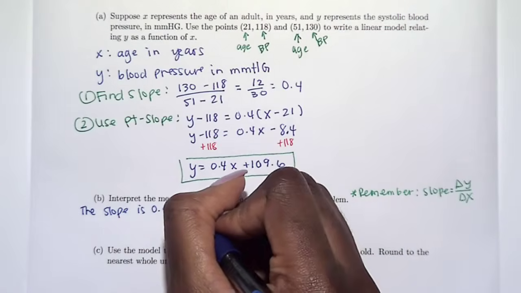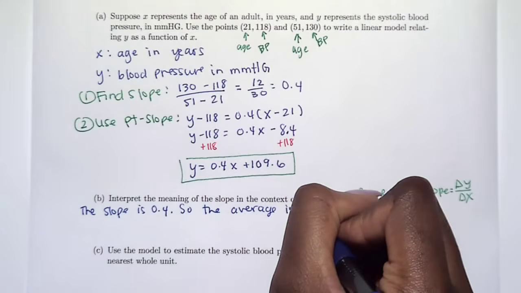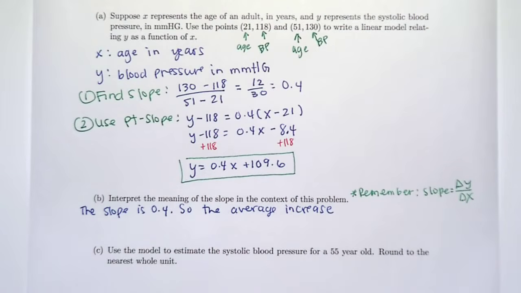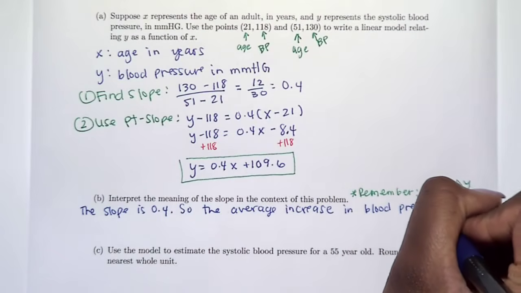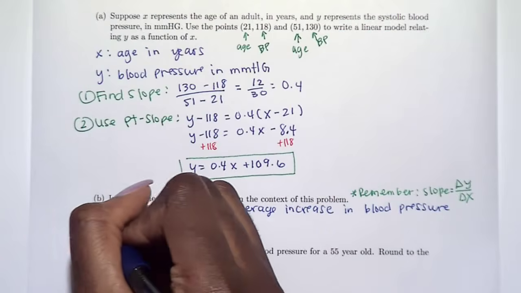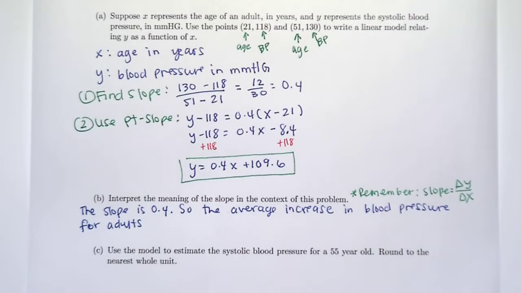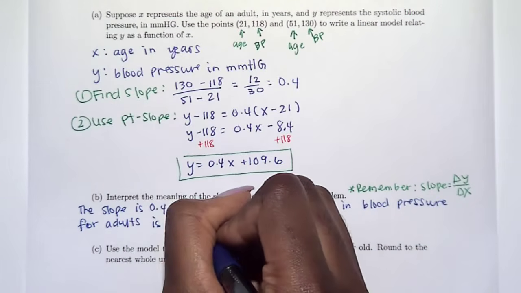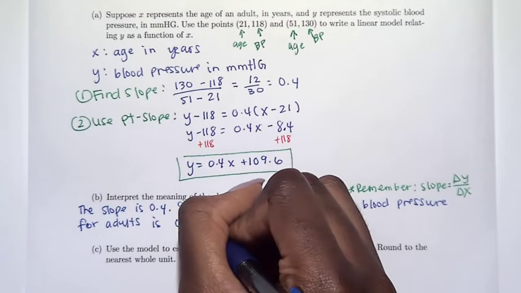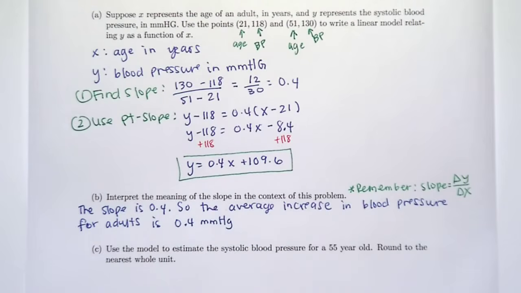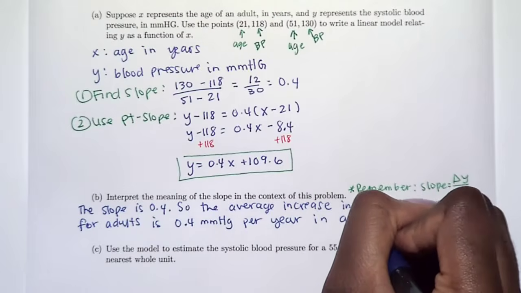Okay, so we can say the average increase, because our slope is positive, so we're going to use the word increase, in blood pressure for adults is 0.4, and we're just going to use our units, blood pressure units per year in age.